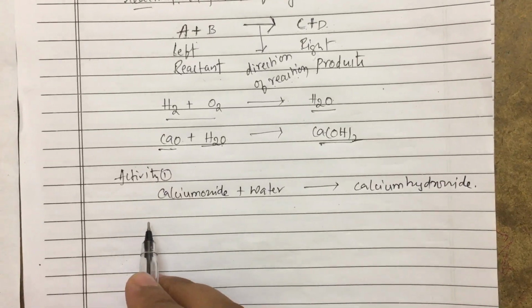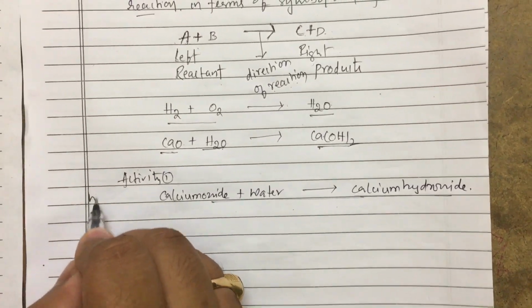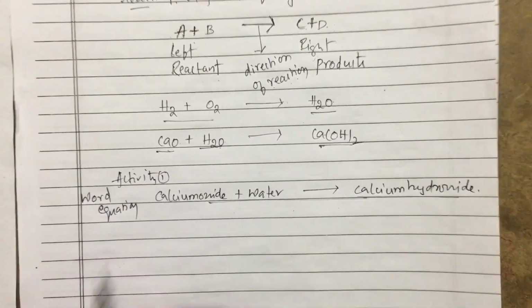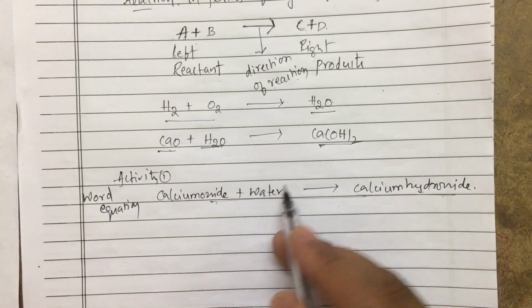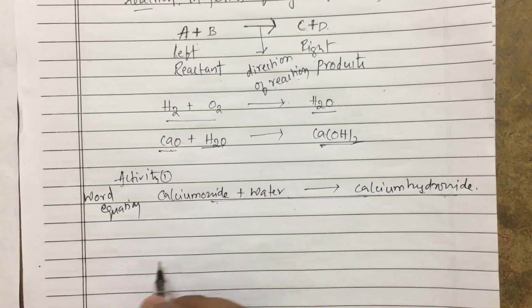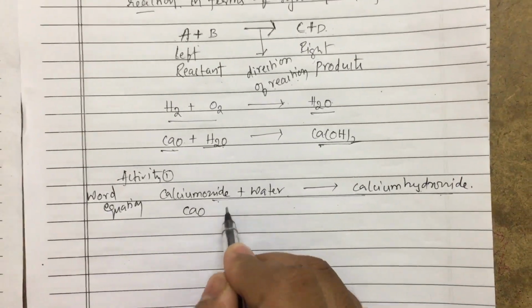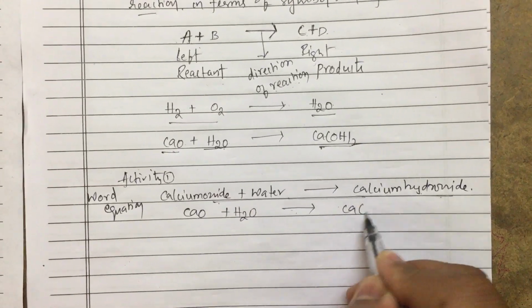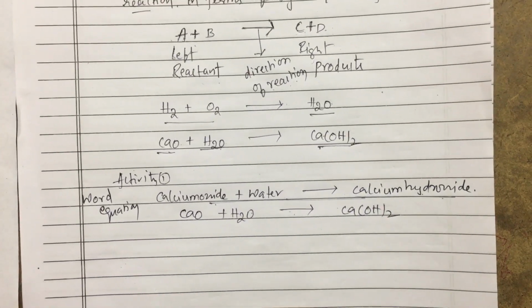This type of representation we call a word equation. This word equation is quite long, so we write it in short form by using symbols and formulae. CaO plus H2O gives rise to Ca(OH)2. Now, simple, this is a chemical equation.